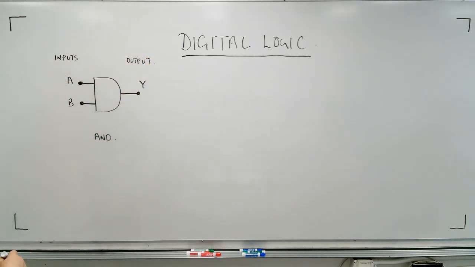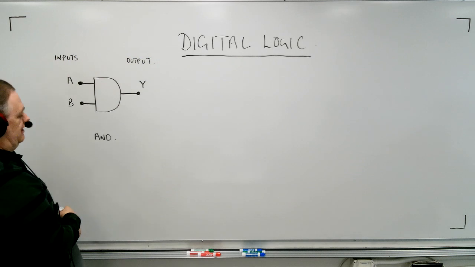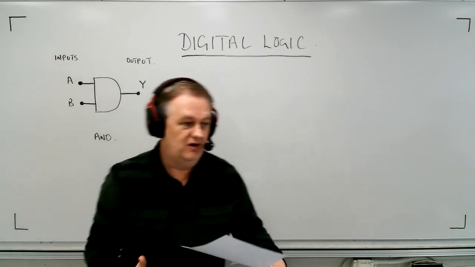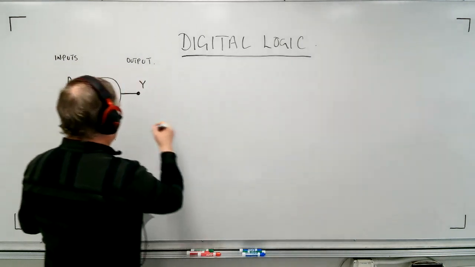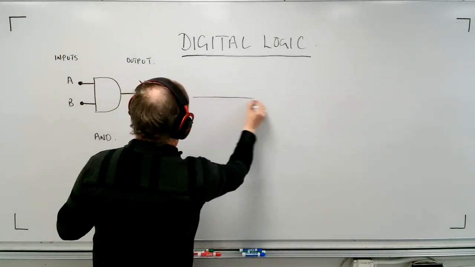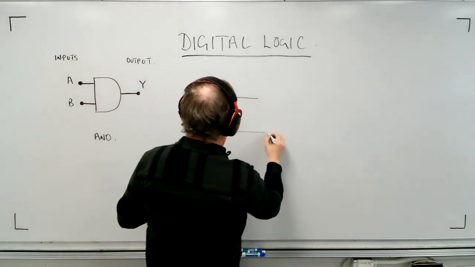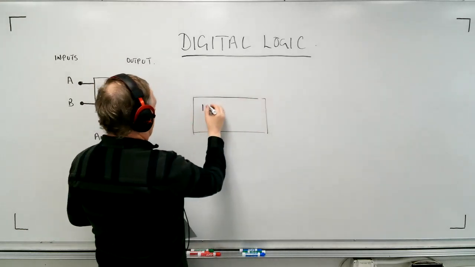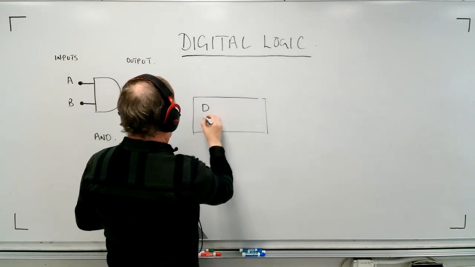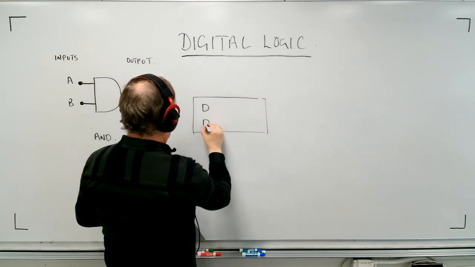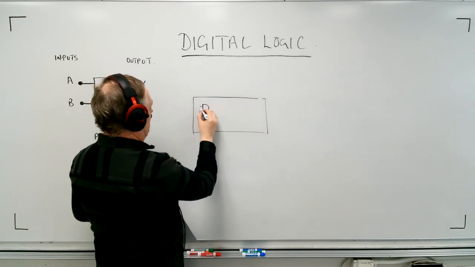Now, there's one thing that I want to point out right away, and this is not drawn onto every gate that you look at. But if you take a chip, let's say that I've got an IC here, and let's say that I've got some gates like this. I'm just going to show a couple, okay?